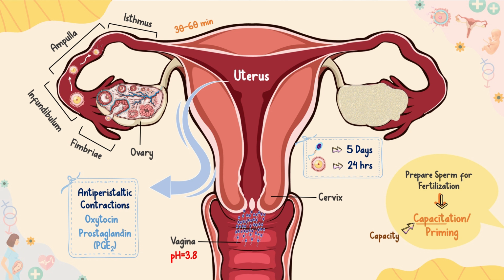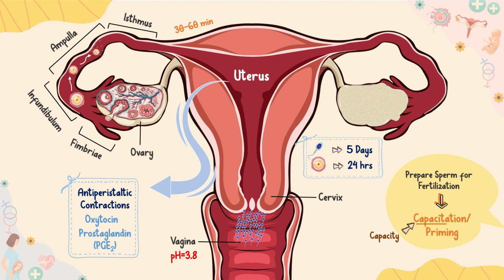Well, during the journey of sperm, fluids in the female reproductive tract prepare it for fertilization through a process called capacitation, or priming. The fluids improve the motility of the spermatozoa. Not only this, but they are also involved in remodeling of the lipids and glycoproteins of the plasma membrane of sperm, thinning the membrane in such a way that will help facilitate the release of the lysosomal enzymes needed for the penetration into the ovum.